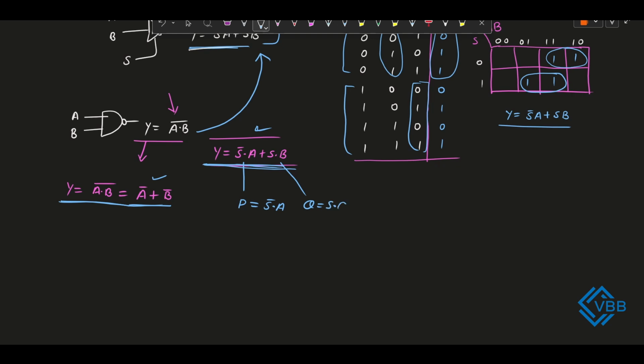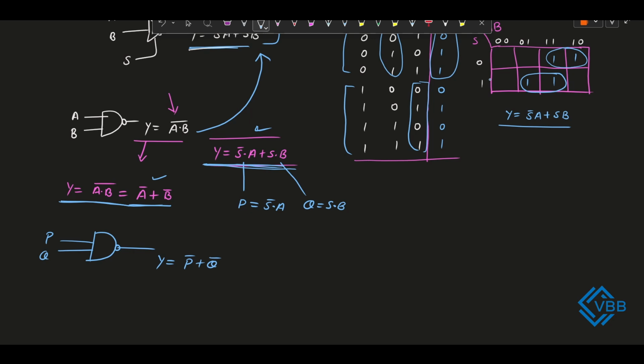Let's assume Q as S into B. Now tell me one thing, if I pass these P and Q through the NAND gate, then I will get Y as P complement plus Q complement.